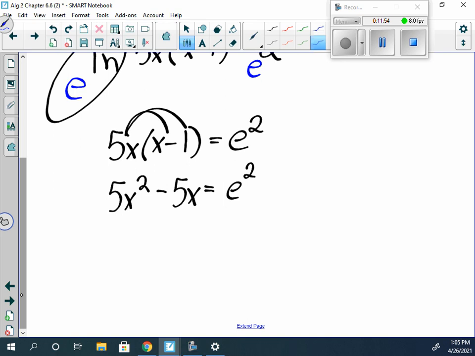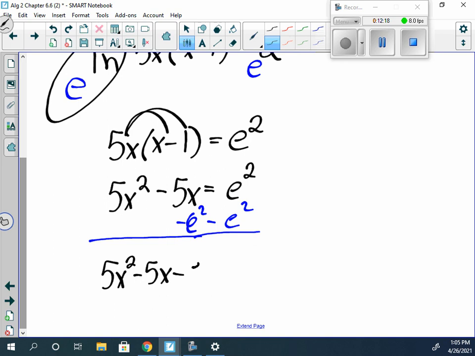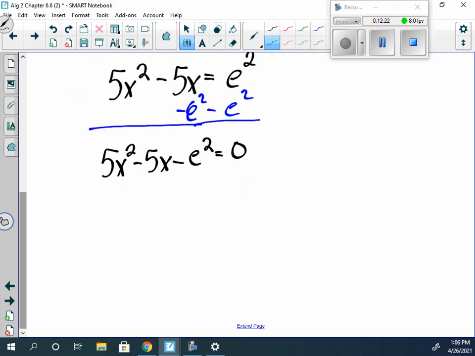But we do have a quadratic, yes? So we can move everything to the same side of the equal sign. So I can subtract e squared from both sides. And if I do that, what we'll get is 5x squared minus 5x minus e squared is equal to 0.